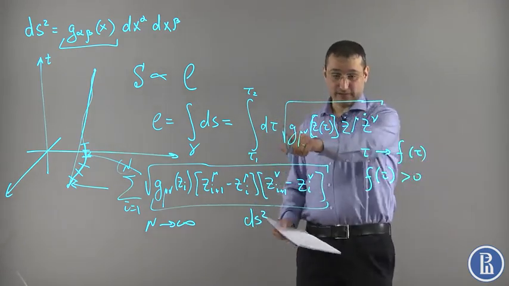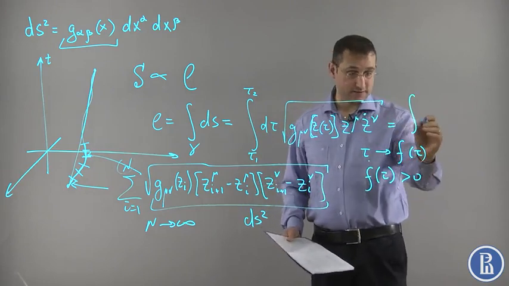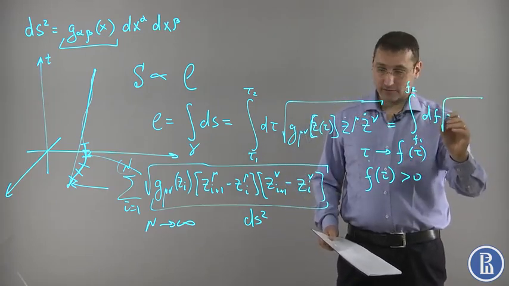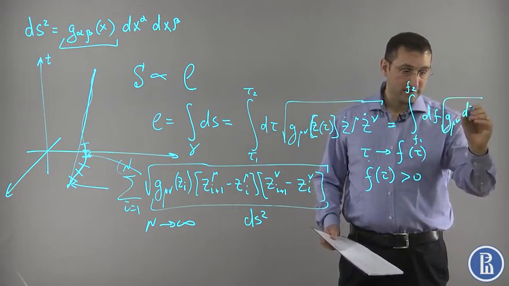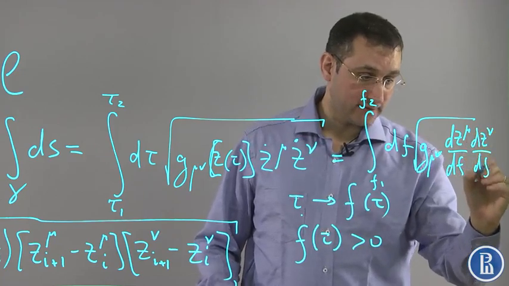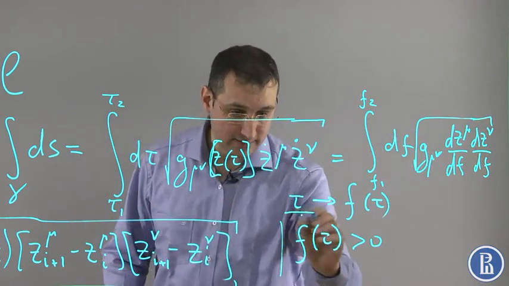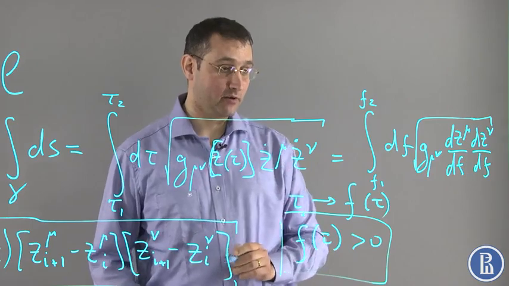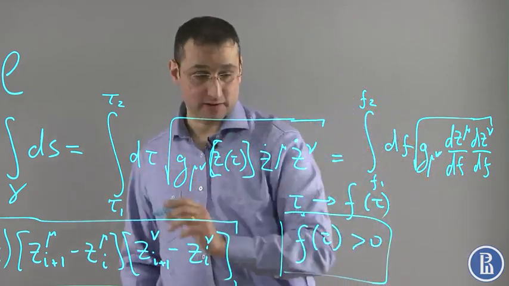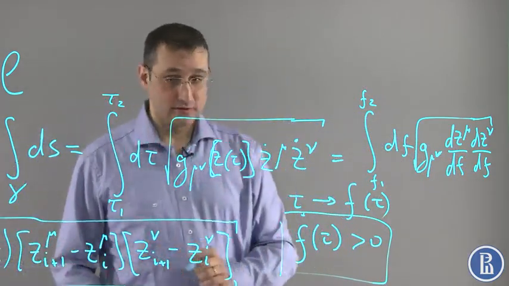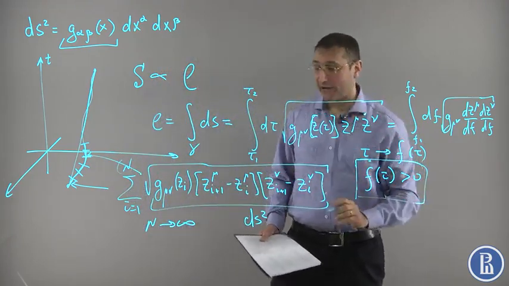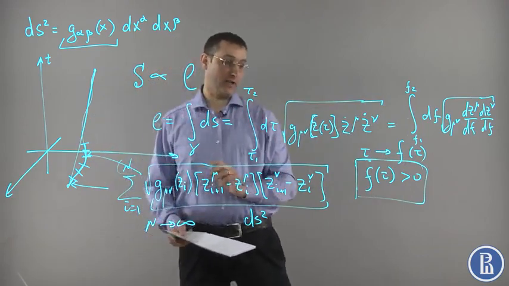Because then, if we just use this coordinate change, we will obtain that this is equal to the integral df from f_1 to f_2 of the square root of g_mu nu dz^mu/df dz^nu/df. If f dot of tau is greater than 0, then we can extract it from the square root, cancel, and change to a different parameterization. Tau and f are just different parameterizations of the same world line. And this condition just says that we have to respect the order of points along the world line.